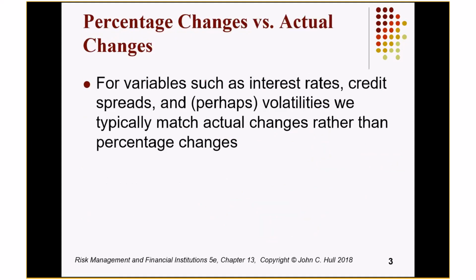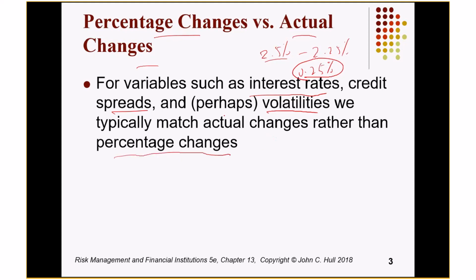And then we do talk about percentage change, and sometimes they have actual change, right? Sometimes with interest rate, you just look at whether it's 2.5% compared to 2.25%, and we will focus on the real value change, 25 basis points. And then we have sometimes credit spread and volatility, where we just focus on the value change other than percentage change.